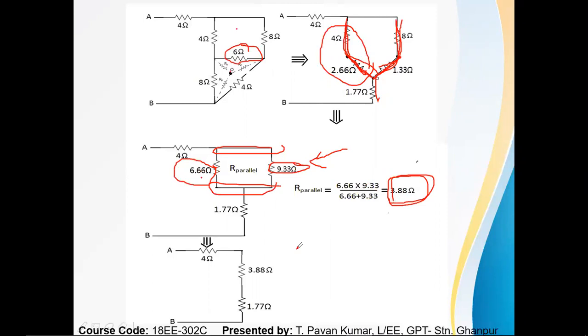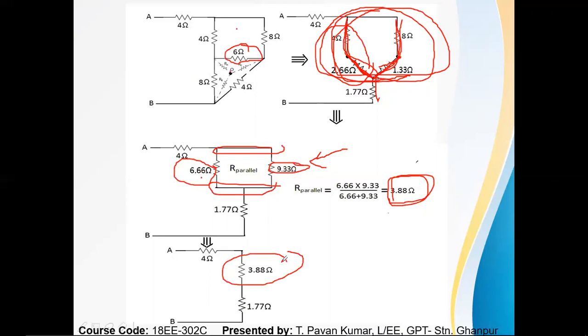Then the resulting 3.88 is in series with your 1.77. As of now, I am performing the technique on this connection only. After the reduction, the value is 3.88, which is in series with the 1.7 and also in series with the 4 ohms. Finally you apply series. What analysis did you use?